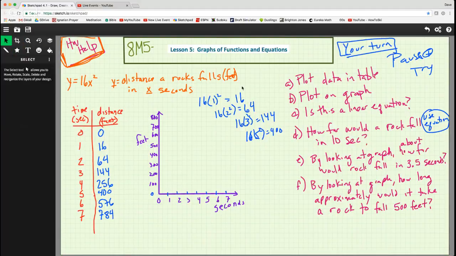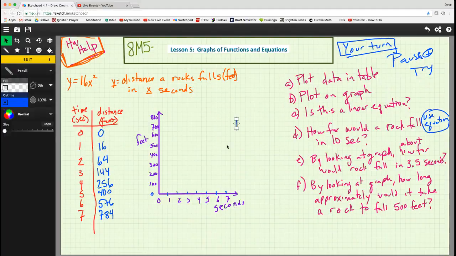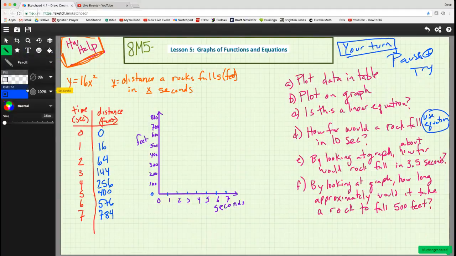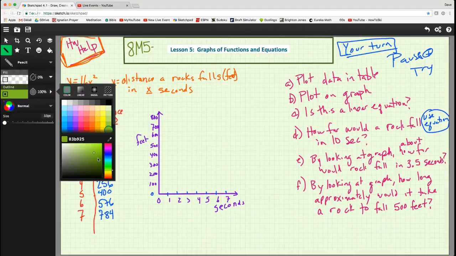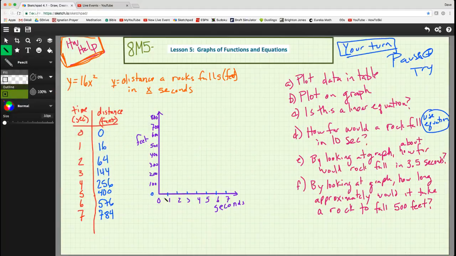I'm going to erase this here. Let's plot it in a nice, pretty green. Okay, 0, 0, 1 comma 16, way down here. 2 comma 64, still way down here. 3 comma 144.